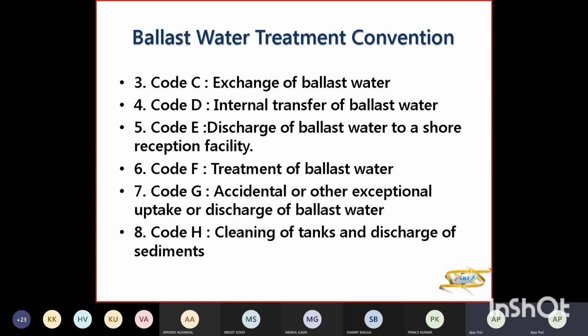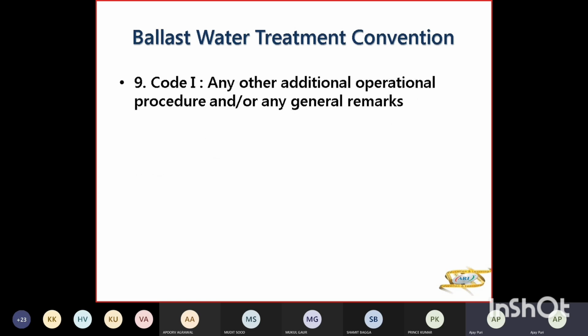Code D will be internal transfer of ballast water. Code E will be ballast water which is discharged to shore reception facility if you can't treat. Code F will be treatment of ballast water. Code G will be accidental or exceptional uptake or discharge of ballast water. Code H will be cleaning of tanks and discharge of sediments. And code I will be any operational remark or any general remark.